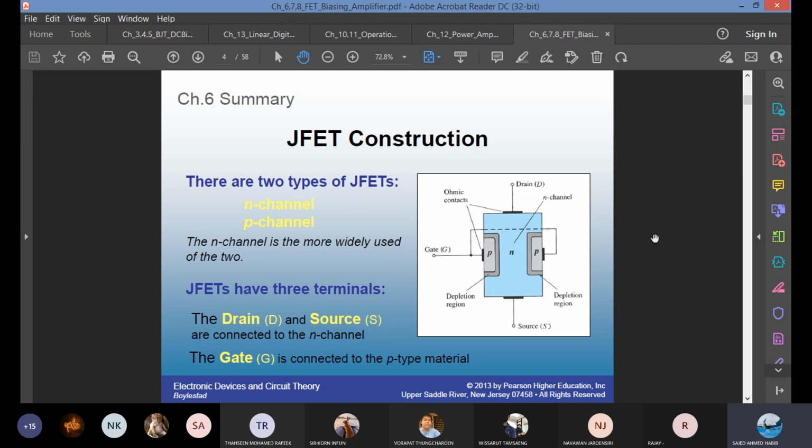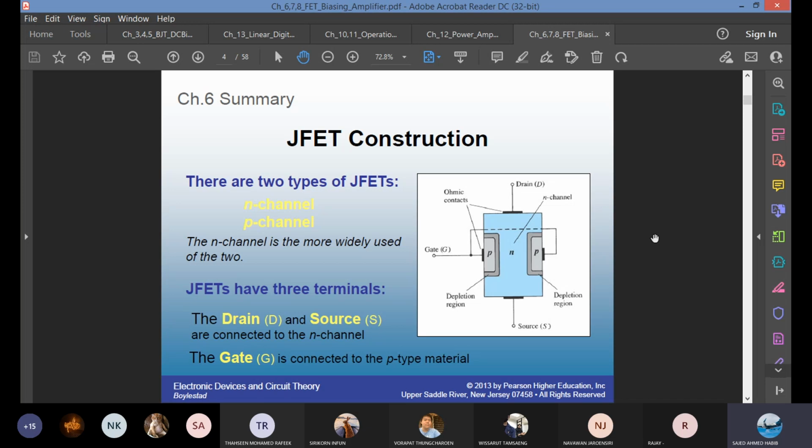The VGS, gate to source voltage, is your input voltage which is controlling. There are three terminals of the FET: gate, source, and drain. You can have an N channel or a P channel. We don't call it PNP or NPN. For JFET, we call N channel and P channel.